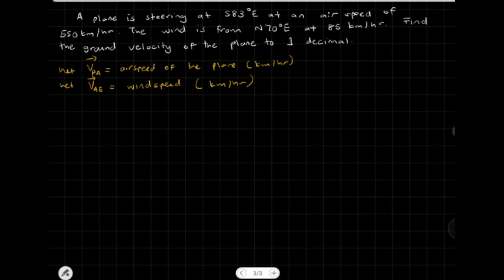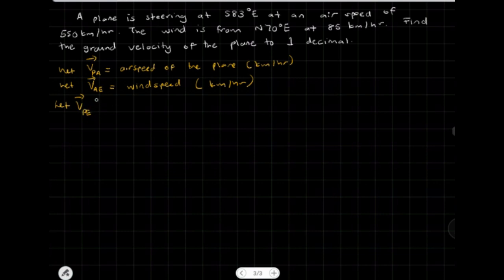So we have the airspeed, which is the velocity of the plane relative to the air. We have the wind speed, which is the velocity of the air relative to the earth or the ground. The earth and the ground are used interchangeably, it's the same thing. What you want to figure out is the velocity of the plane relative to the earth, which is the ground speed.